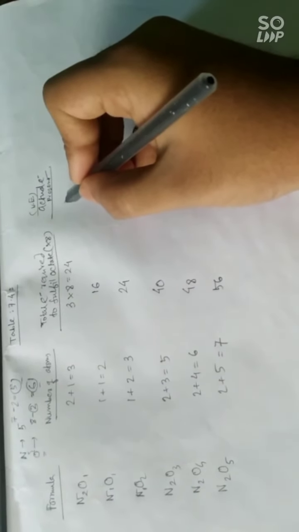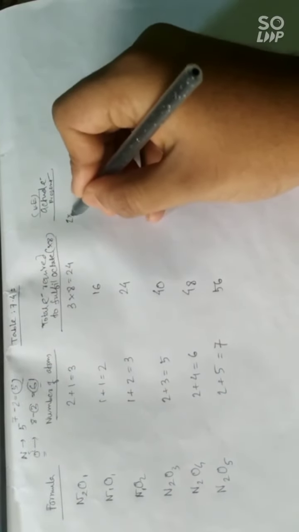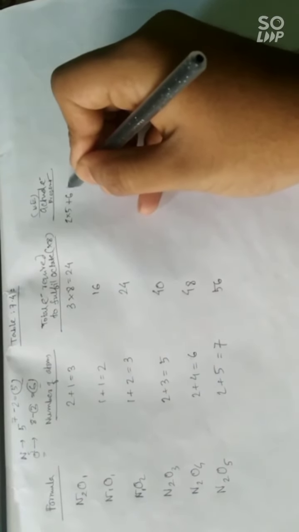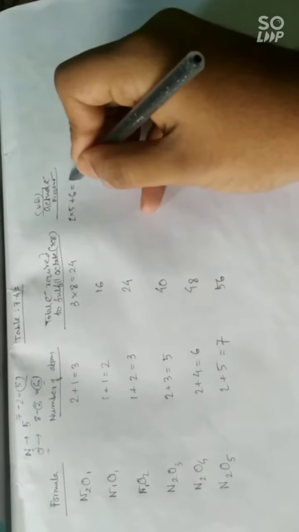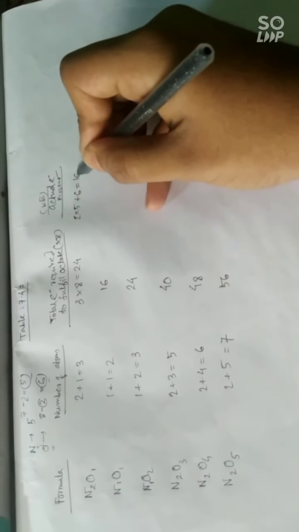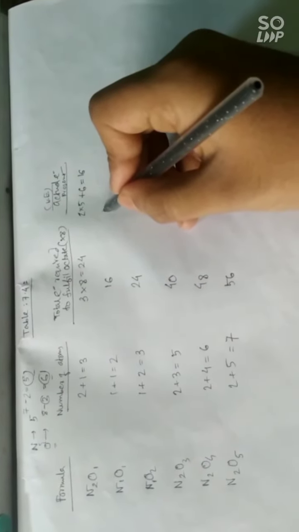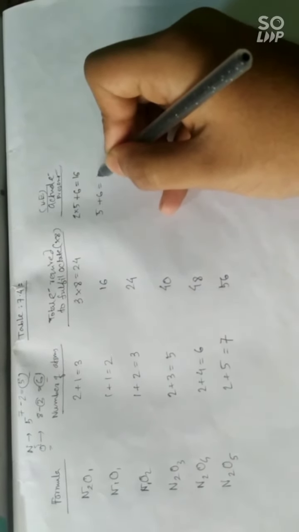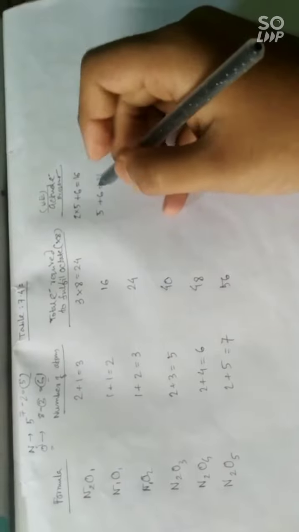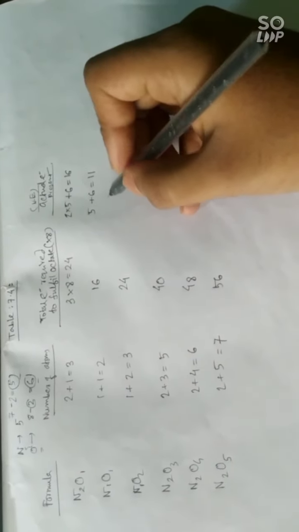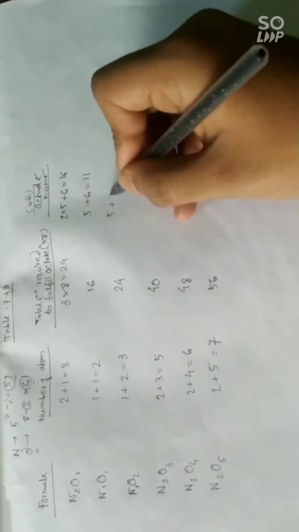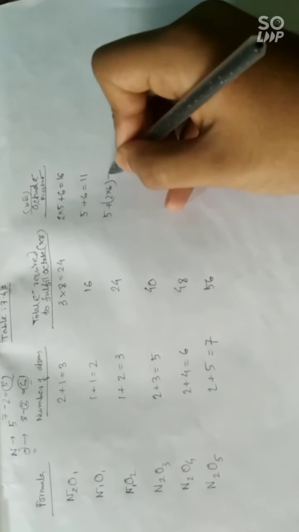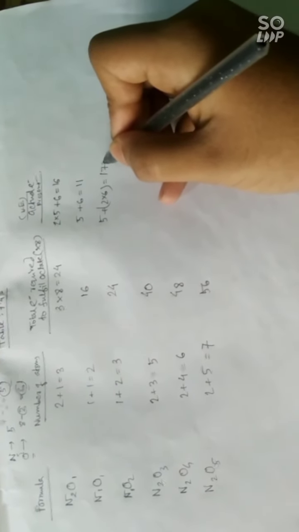So for N2O, 2 nitrogen, so 2 into 5, 1 oxygen, 6, 16. NO: 1 oxygen, 1 nitrogen, 11. NO2: 1 nitrogen, 2 oxygen, so 5 plus 2 into 6, 17.